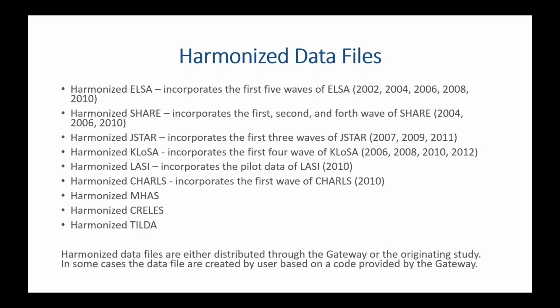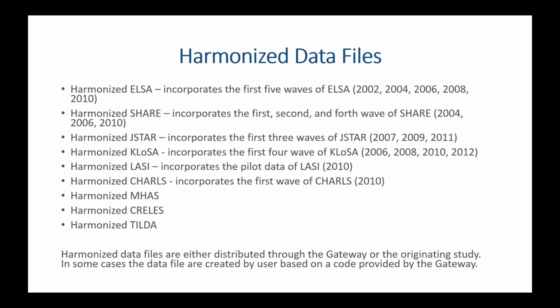So the harmonized data files that we currently have available are the harmonized ELSA, which incorporates the first 5 waves of ELSA: 2002, 2004, 2006, 2008, and 2010. The harmonized SHARE, which incorporates the first, second, and fourth waves of SHARE. The harmonized JSTAR, which incorporates the first 3 waves of JSTAR, 2007 to 2011.